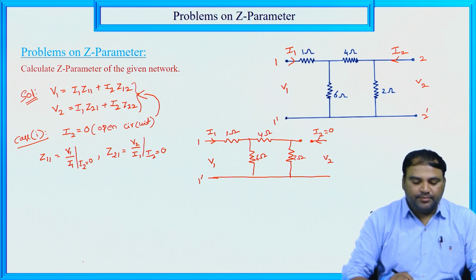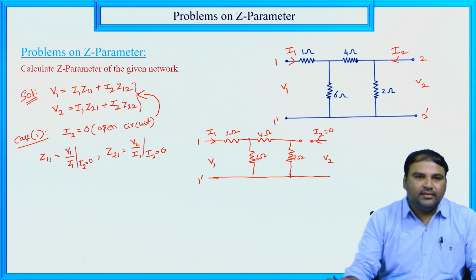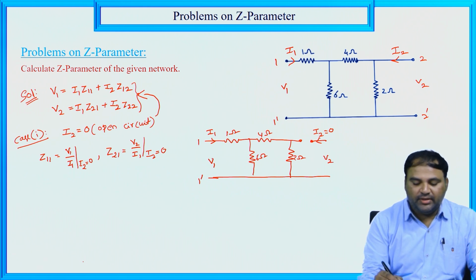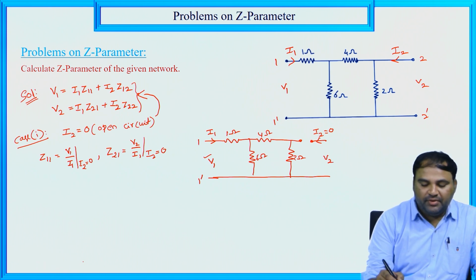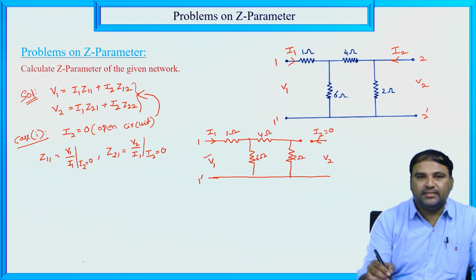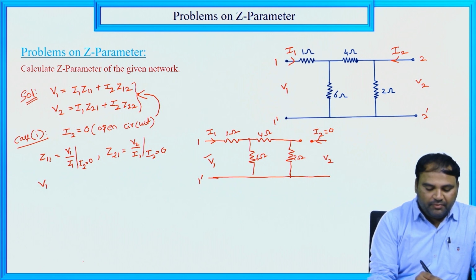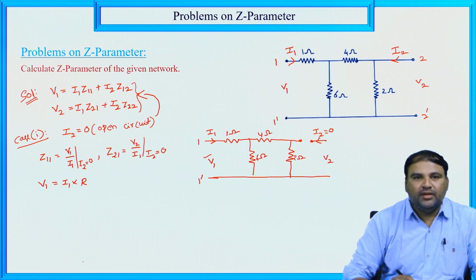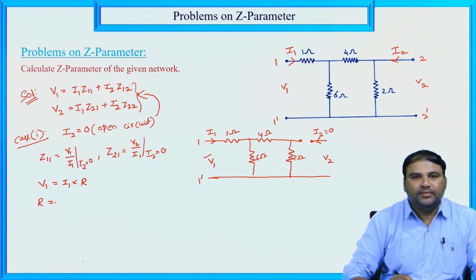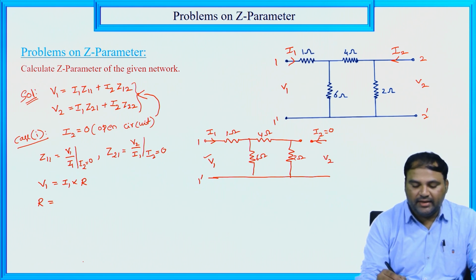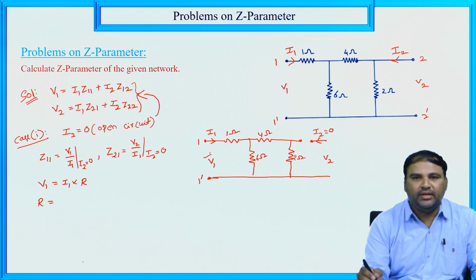Now we have to calculate Z11 and Z21. First, find the total voltage here. V1 is there, I1 is there, and the total resistance is there. According to Ohm's law, V1 equal to I1 into the total resistance R. To calculate R, we find the equivalent resistance across these two terminals, starting from the opposite side.